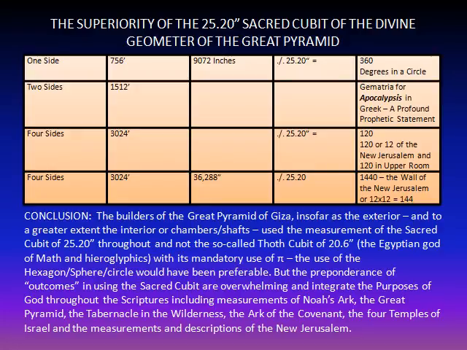The use of the hexagon, sphere, and circle would have been preferable. But the preponderance of outcomes in using the sacred cubit measurement of 25.20 are overwhelming and integrate the purposes of God throughout the scriptures, including measurements of Noah's Ark, the Great Pyramid of Giza, the tabernacle in the wilderness, the Ark of the Covenant, the four temples of Israel, and the measurements and descriptions of the New Jerusalem.